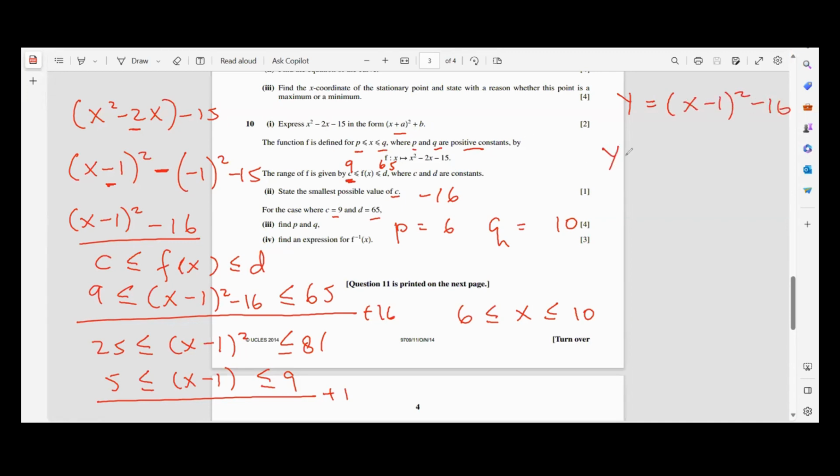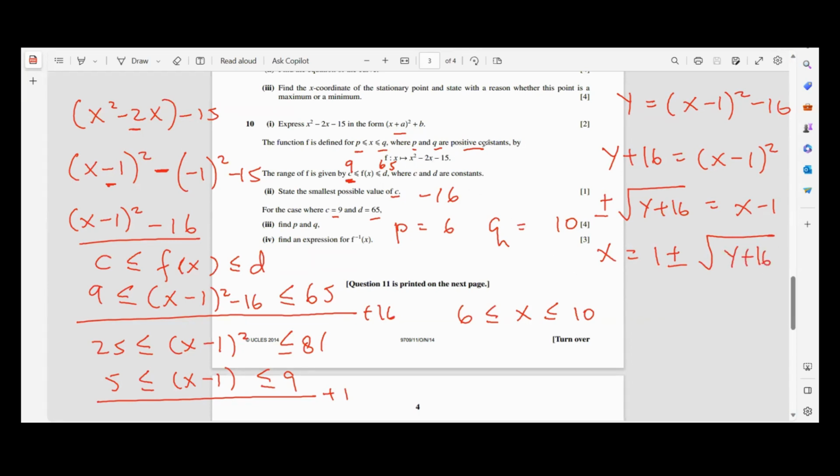So minus 16, I'm moving it, becomes y plus 16 equals (x minus 1) squared. And then the square becomes square root: square root of y plus 16 equals x minus 1. So x equals 1 plus or minus square root of y plus 16.